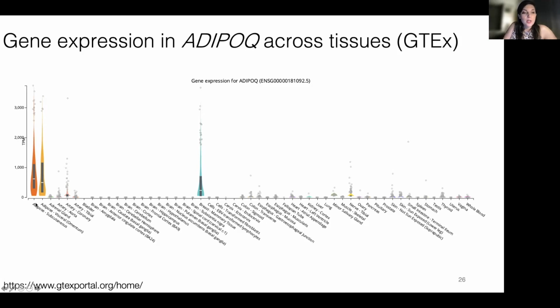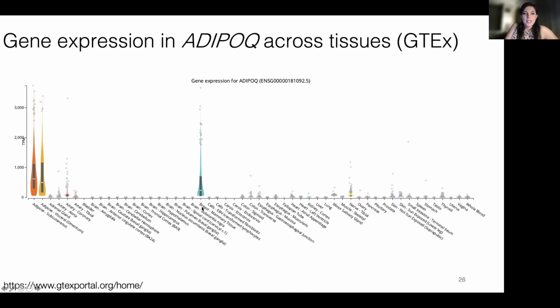So there's expression in adipose, subcutaneous, and visceral, a little bit in the artery, and then in the breast, mammary tissue, a little bit here in nerves. That could be a bit of non-specificity of the bulk tissue that I was speaking about. Sometimes tissue types will have, if you take a sample, adipose cells mixed in.